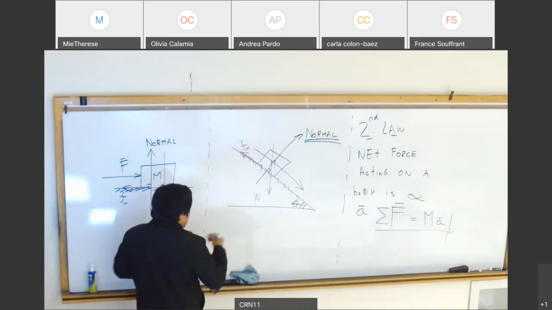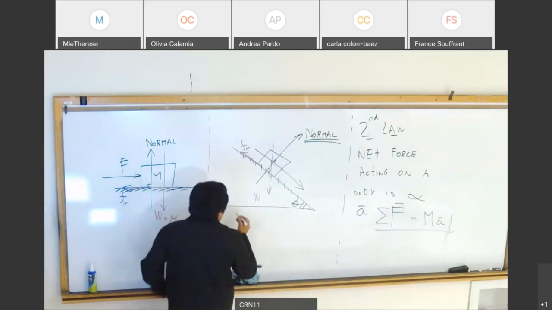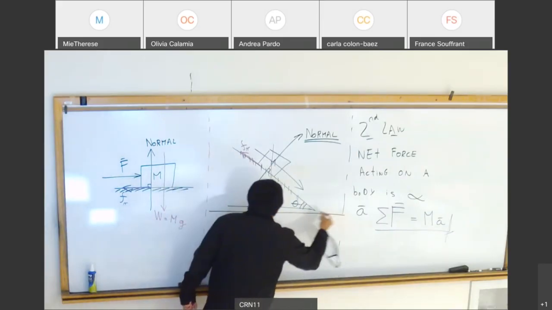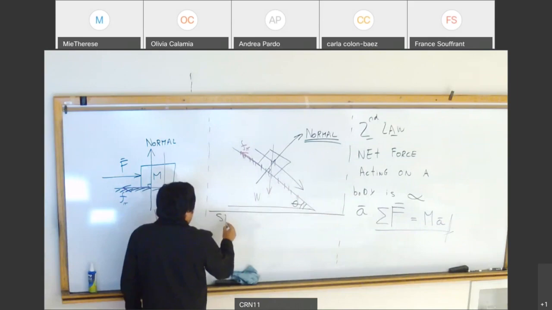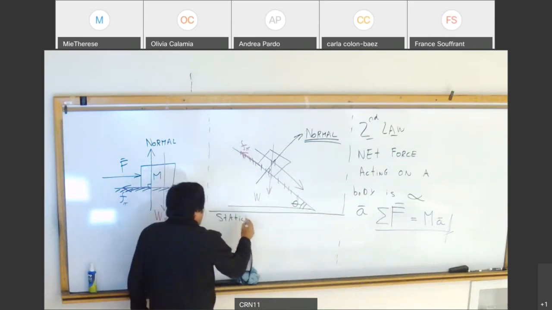Friction comes in two types, static and kinetic.